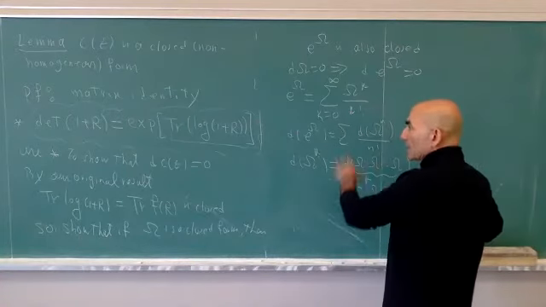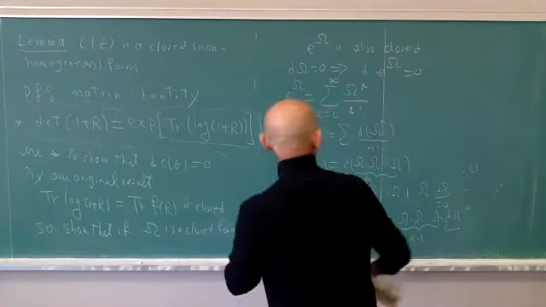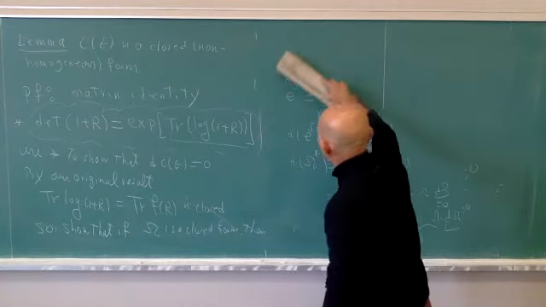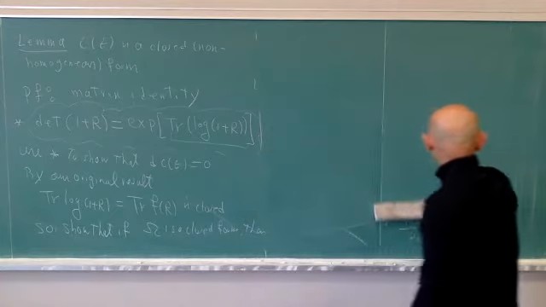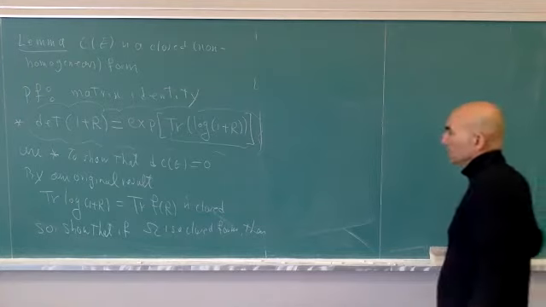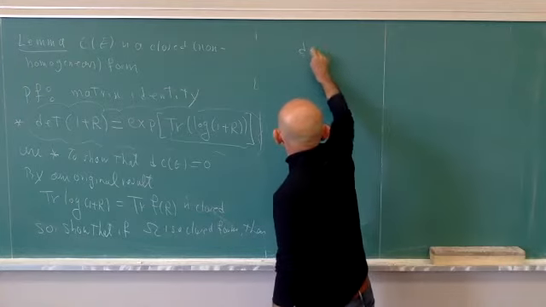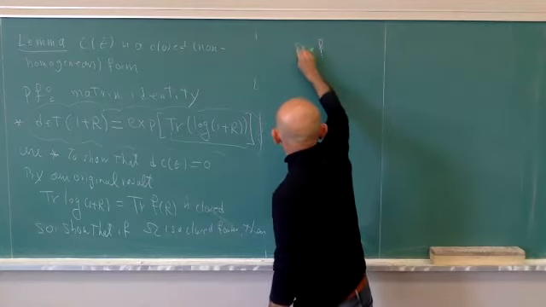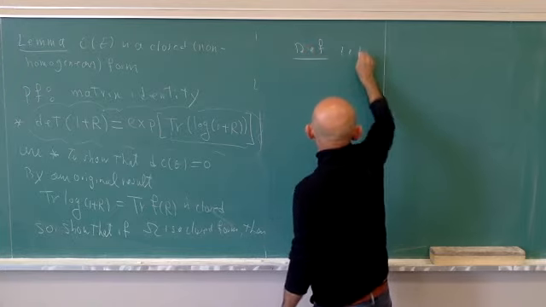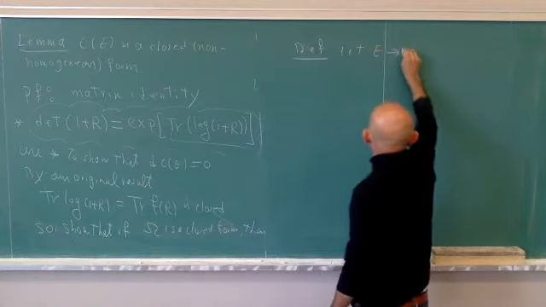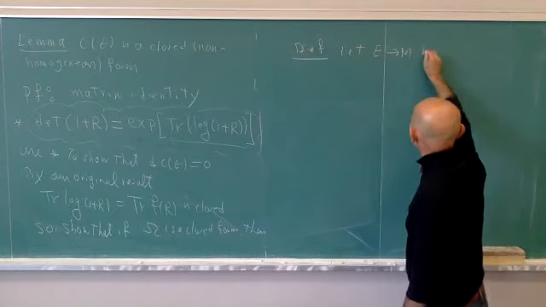Okay, so now there is something very interesting. These closed forms define classes, and this is called the Chern class. Here let me give you the definition. Let E over M be a complex vector bundle.